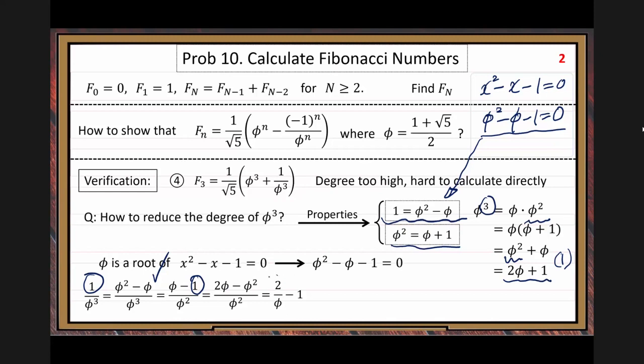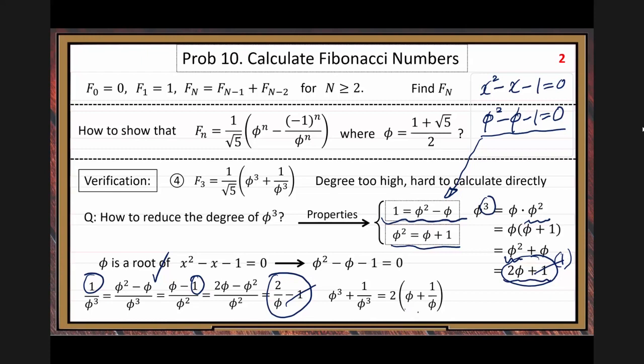Now these two expressions look simple enough, so we can add them up and see what we get. Adding these two expressions, the negative 1 and positive 1 cancel out. We factor 2 out: 2 times phi plus 1 over phi.